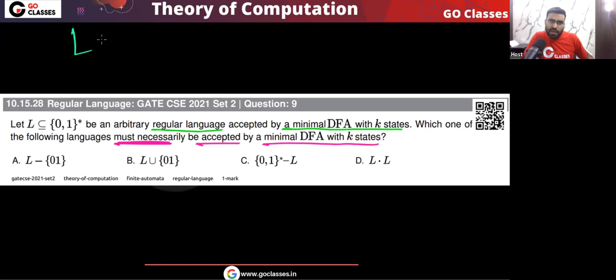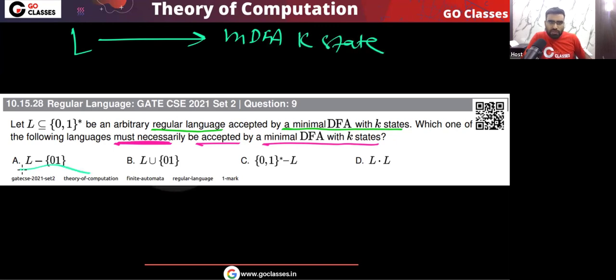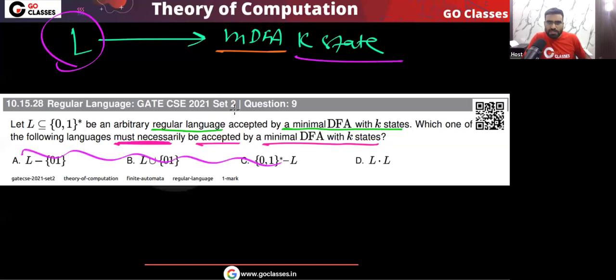The question is saying if L has a minimal DFA with K states, then which of the following necessarily will have a minimal DFA with K states? So the answer is L complement, that is option C.